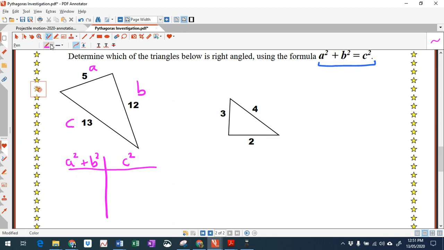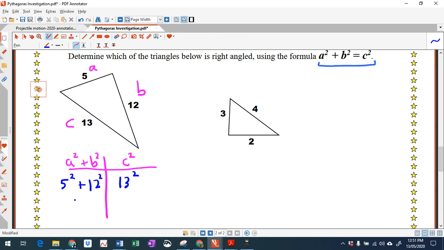Here's A, so A squared is 5 squared. B is 12, so B squared is 12 squared. In the other column, we're going to work out C squared. C is 13, that's 13 squared. We're just going to check to see what happens.